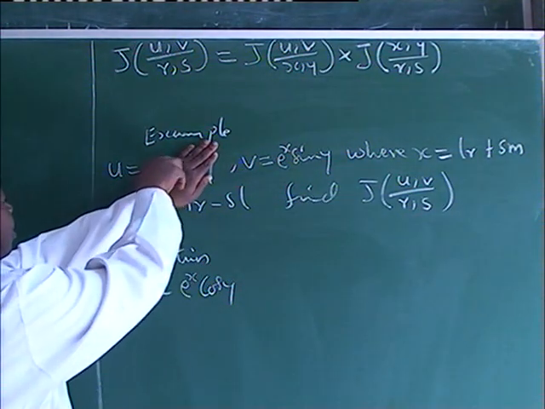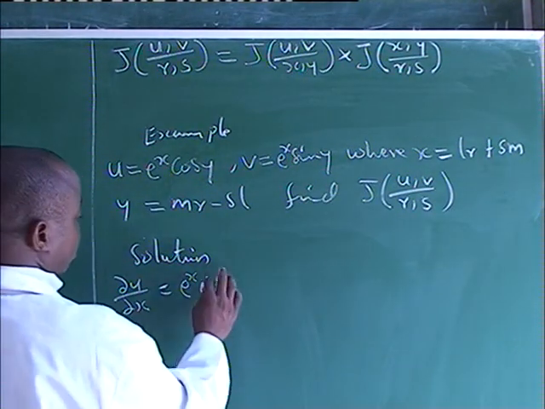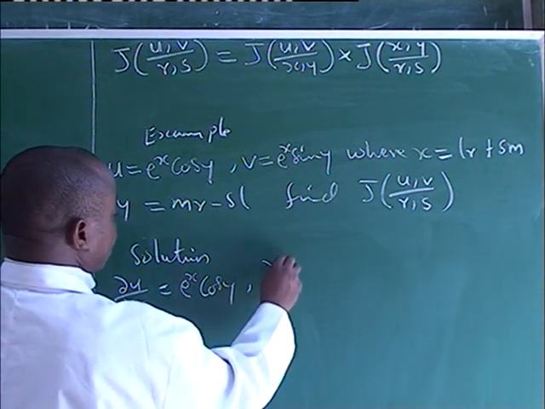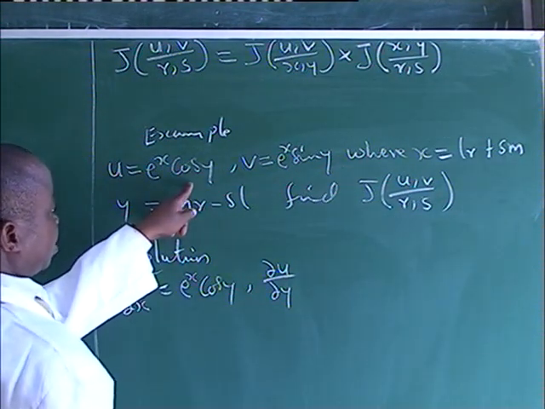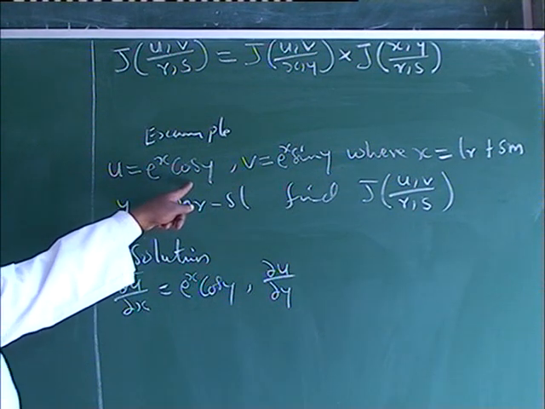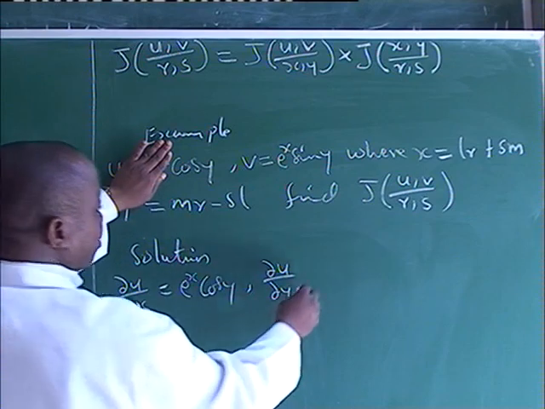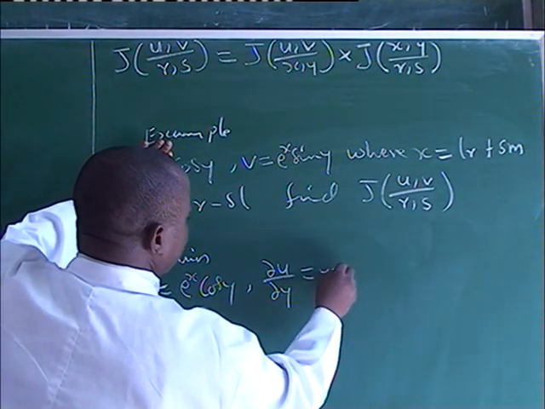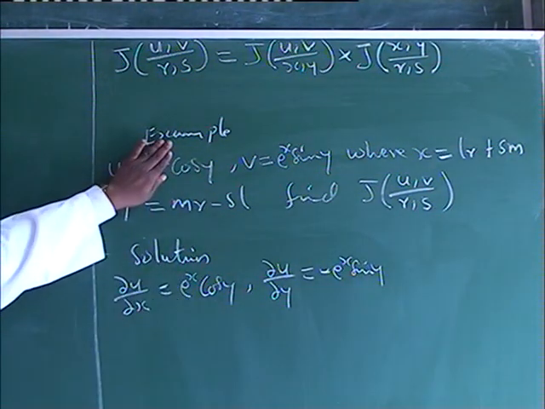So if we differentiate this, we still have e^x, and then we keep back the cos y. We also know that partial u, partial y, as if this does not exist, to differentiate this, you have minus e^x sin y.